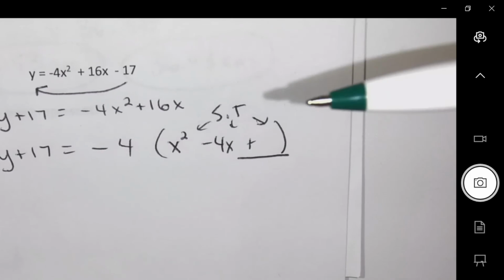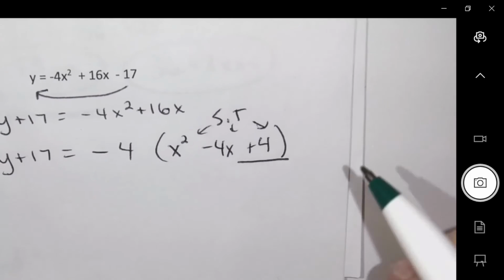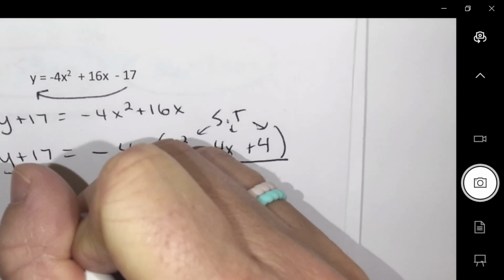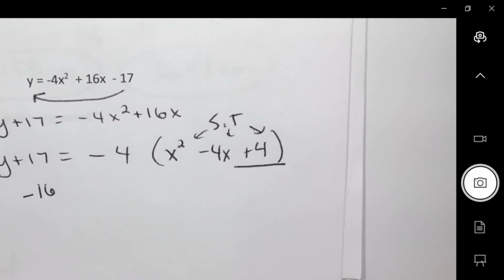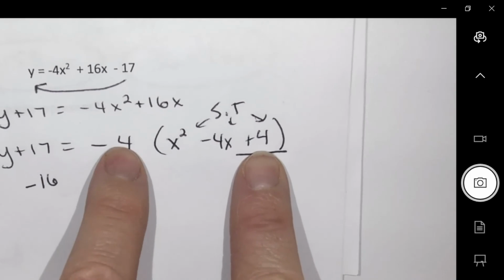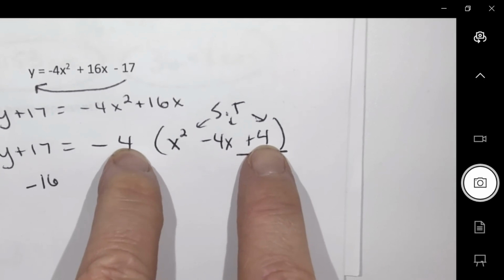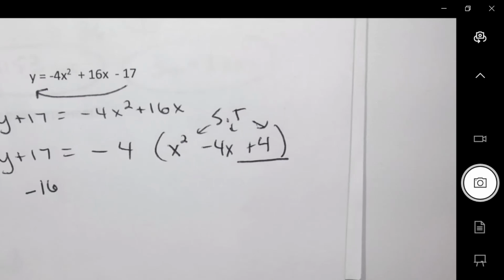And now square that. 4. Okay. You're going to balance it, but you're not putting an add 4 on the other side. So what do you have to change the other side by? I'm going to have to subtract 16, because I have to remember whatever this number is, it is also multiplied by -4. So that's a -16, so now I'm at -16 on that side.